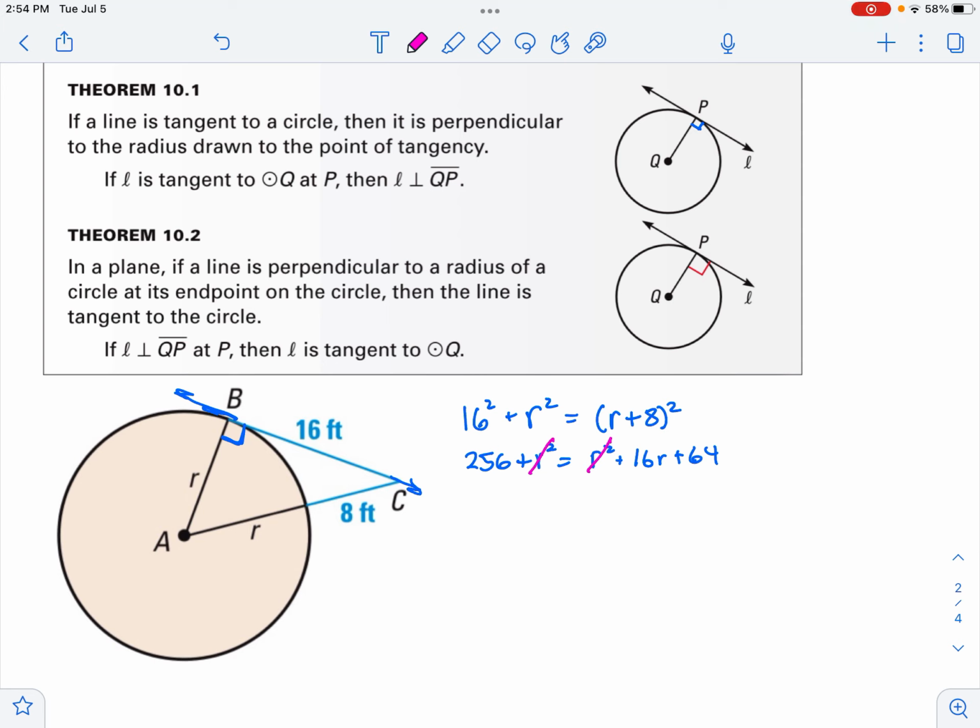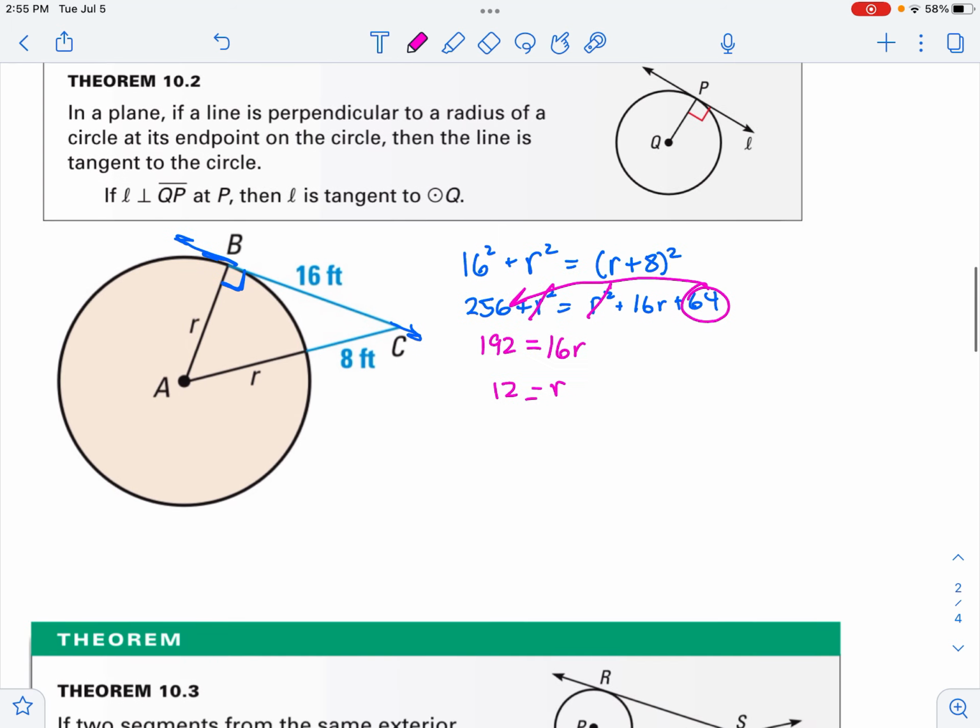I can take 256 minus 64, and I get 192 equals 16r. See, I just brought this over to the other side. Now divide by 16, and I get 12. So r equals 12. That's the radius. So that's how we can use that bit of information. If we know that tangents form a right angle with the radius, we can work problems like that.